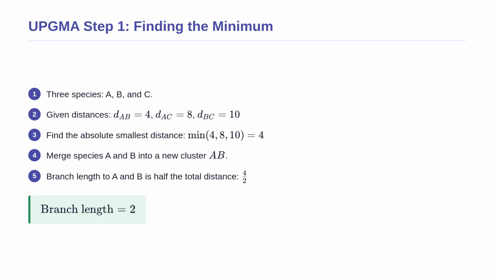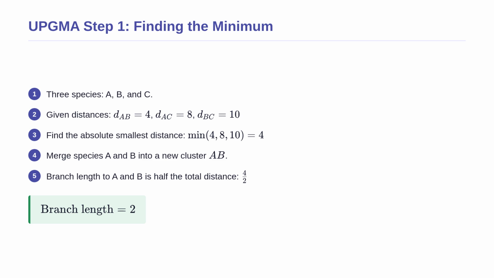Let us put this algorithm into practice with a 3-species example. We have species A, B, and C, and we have already calculated their pairwise genetic distances. The distance between A and B is 4, A and C is 8, and B and C is 10. The very first step of UPGMA is to look at all available distances and find the absolute smallest value.